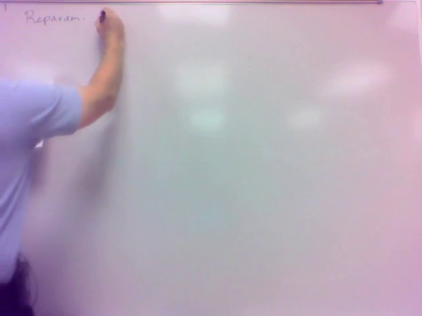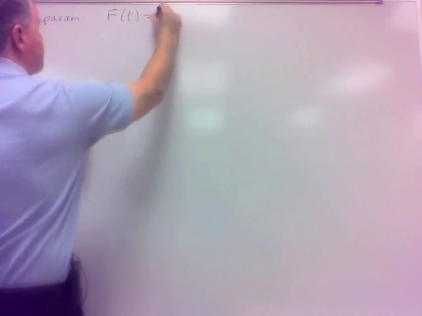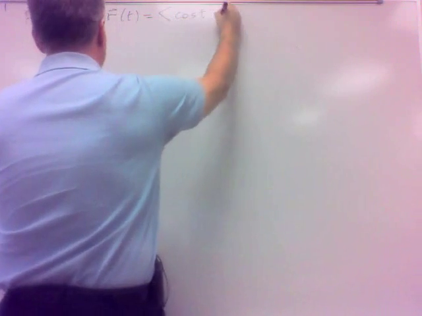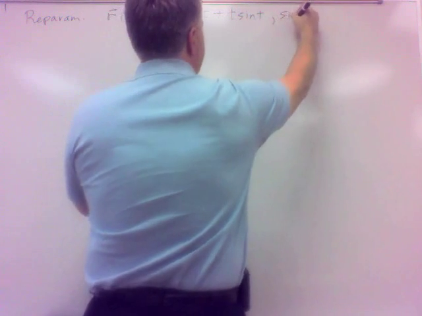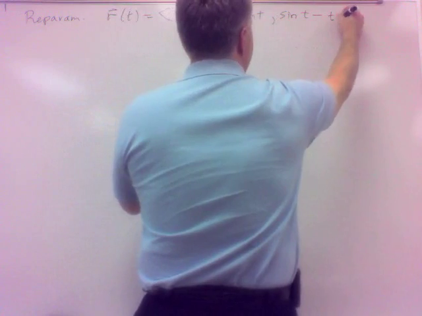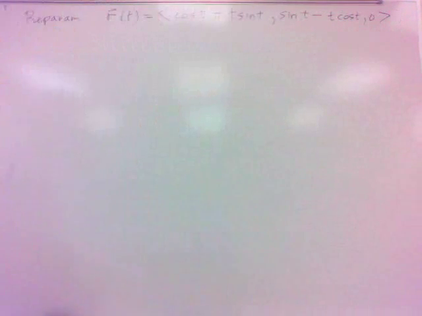Okay, so let's reparameterize r(t) equals cosine t plus t sine t, sine t minus t cosine t, and 0. Obviously, these are chosen well for what happens.